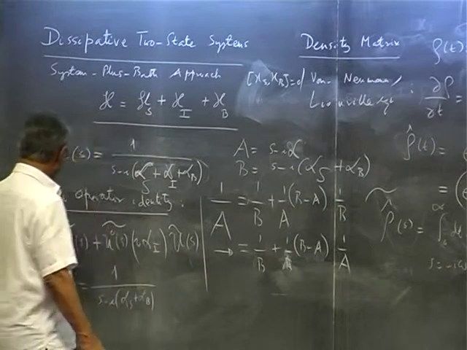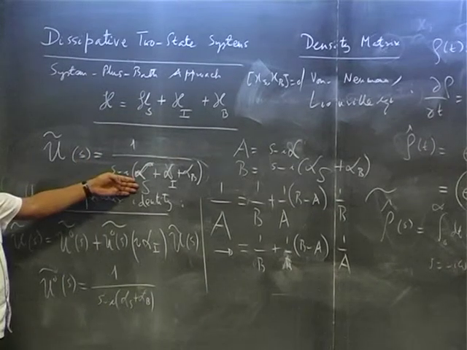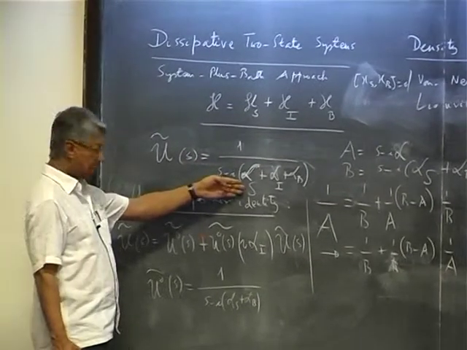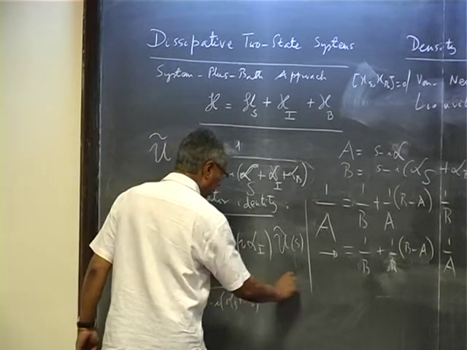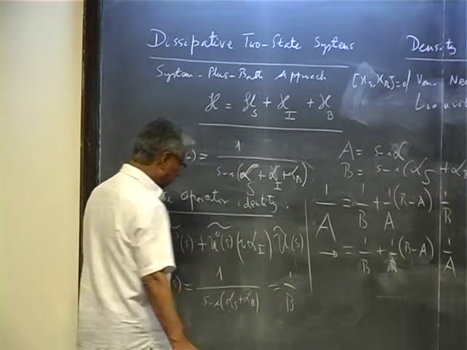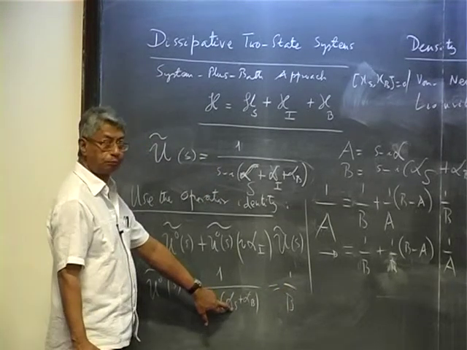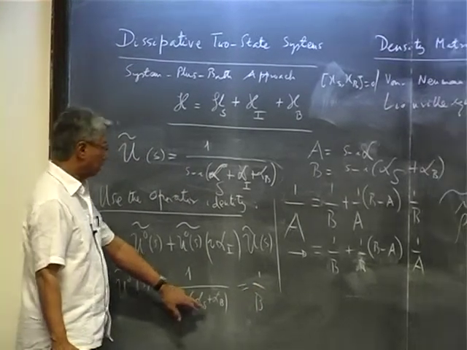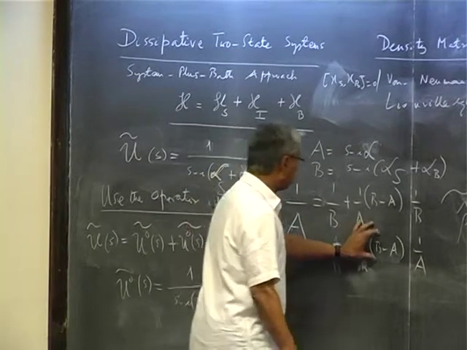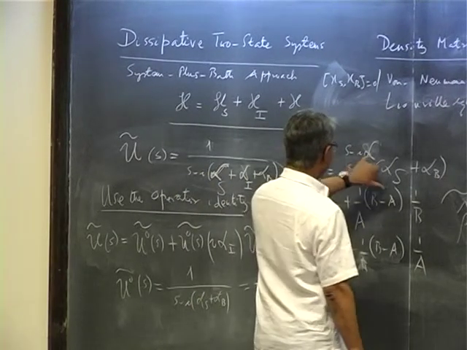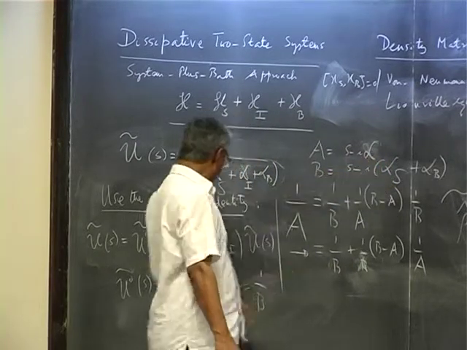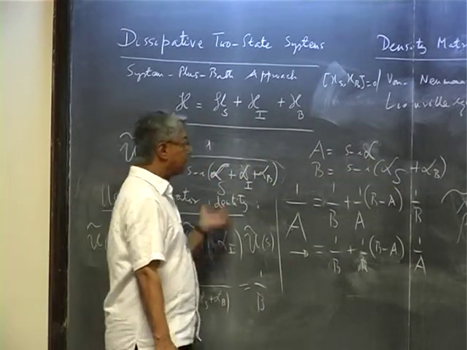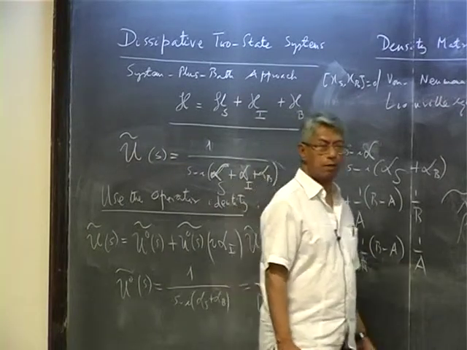So my U of S has been defined like this, which is simply 1 over A, and U0 of S is simply 1 over B, because I've identified this with B. Then I have B minus A, which simply picks up that interaction term upstairs, and then I'm back again at 1 over A.